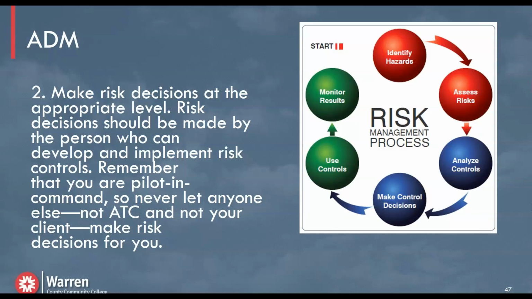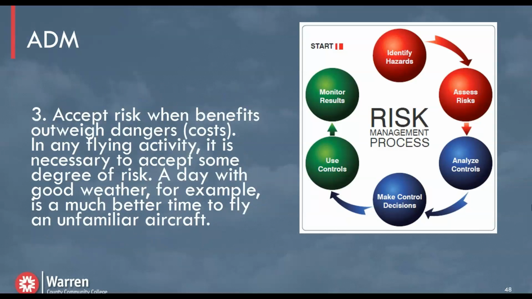Risk decisions should be made by the person who can develop and implement risk controls. That's the remote pilot in command. Remember that you are the PIC, so never let anyone else, not air traffic control, not your client, not your boss, make those decisions for you. You're in charge. Accept risk when the benefits outweigh the dangers or the costs. So it's a cost-benefit analysis. It's a risk management analysis. In any flying activity, it is necessary to accept some degree of risk.